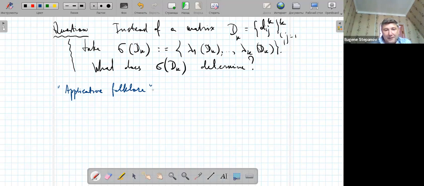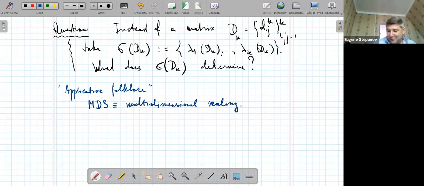One of those, maybe the oldest one, is what is called MDS, multidimensional scaling, that all of you of course know, because you have also studied this a lot.